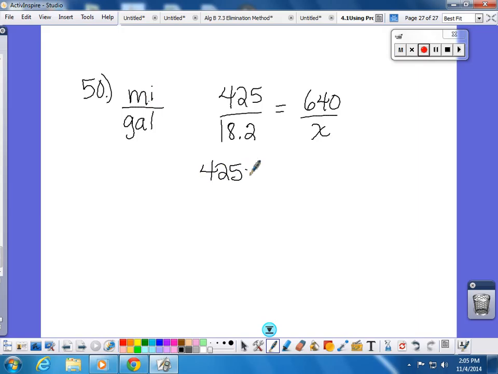So if we cross multiply, 18.2 times 640 is 11,648. Divide both sides by 425.